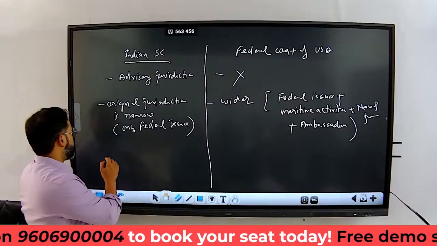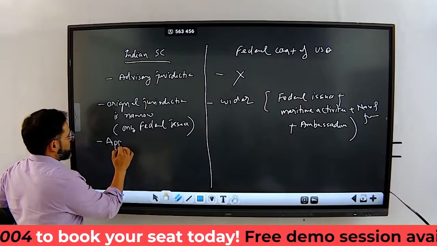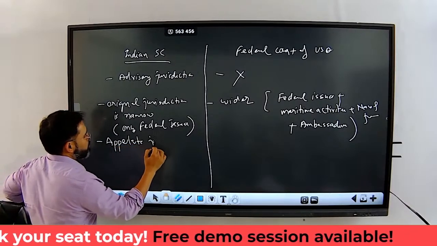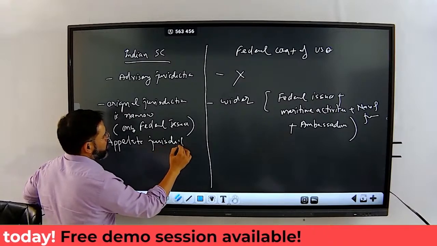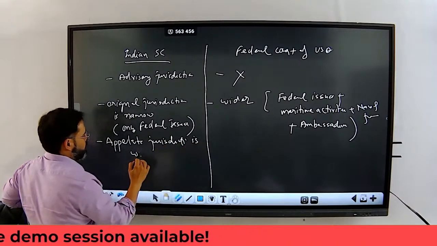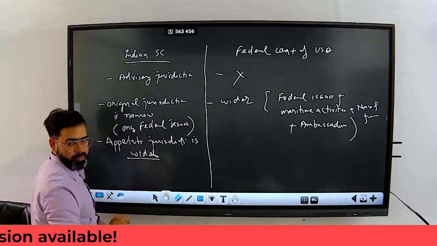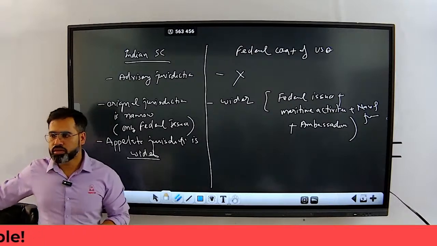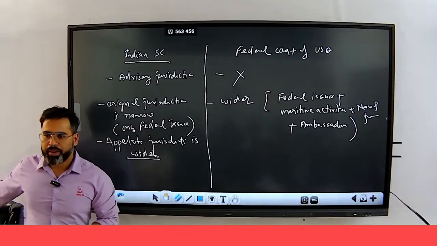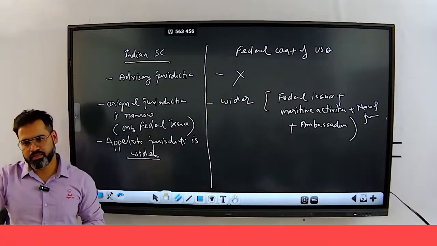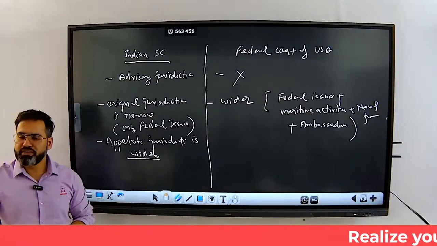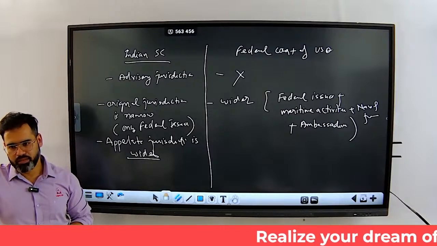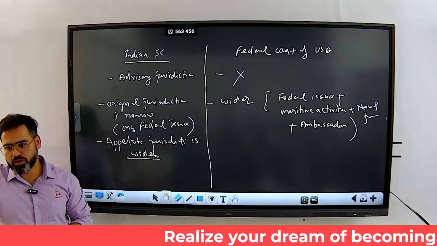Now next, appellate jurisdiction is wider for the Indian Supreme Court, because it includes civil cases, criminal cases, and constitutional cases also.